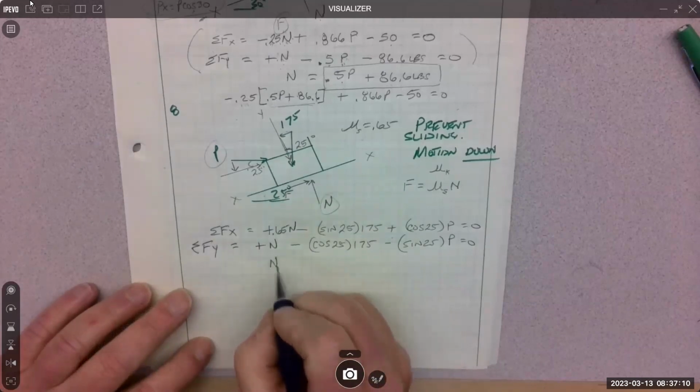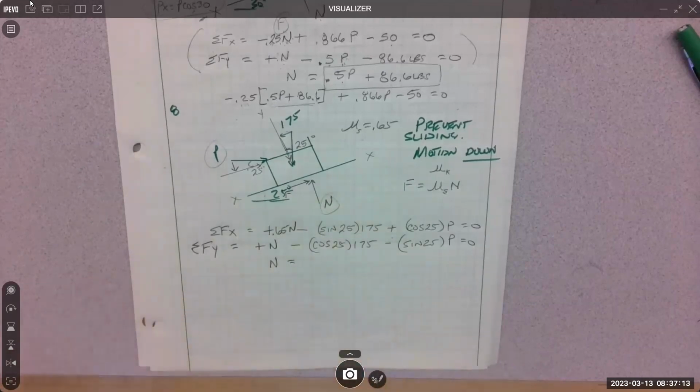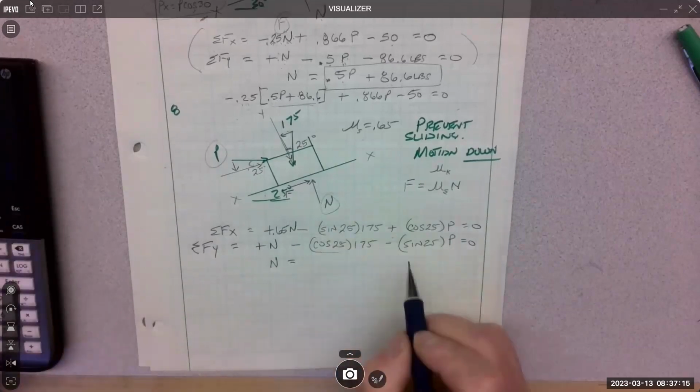So I'll solve this bottom equation for N. And then I'll also get rid of these and put numbers in.